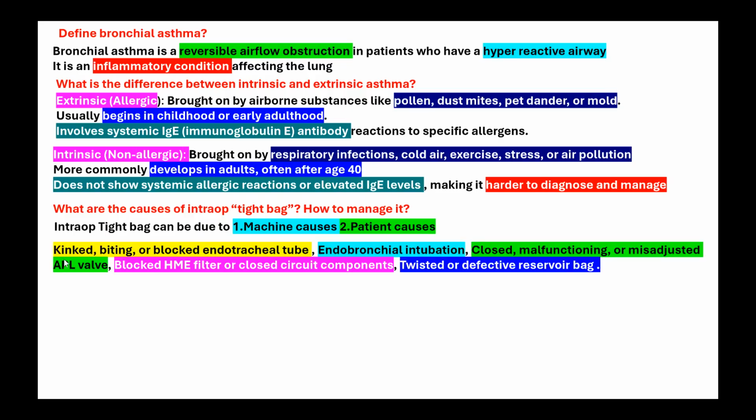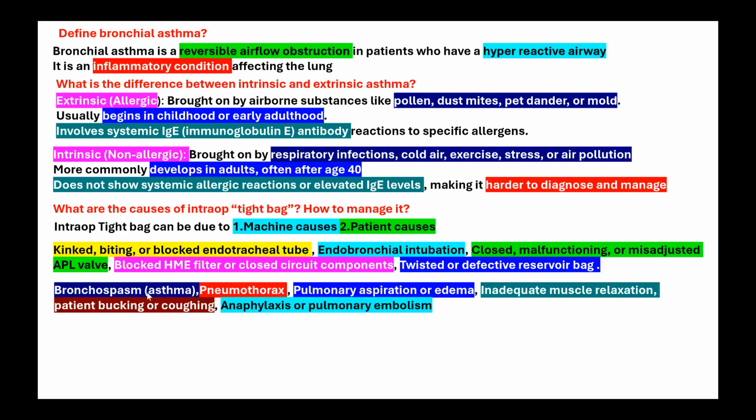Okay? So kinked, biting or blocked endotracheal tube, endobronchial intubation, closed or malfunctioning APL valve, blocked HME filter, closed or kinked circuit or components, or twisted or defective reservoir bag. These are all machine causes for tight bag.